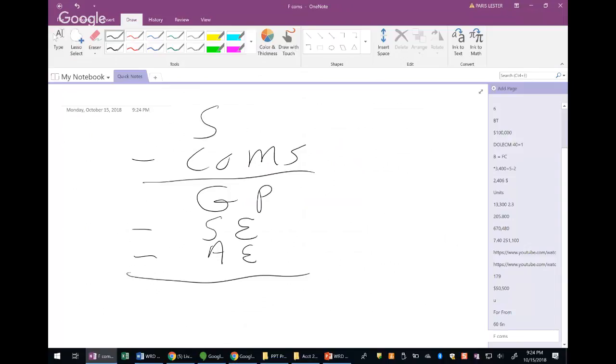That gives you net income from operations. That's all that income statement is right there. And then we may have to subtract interest expense, and that gives you final net income. It's not a hard statement.